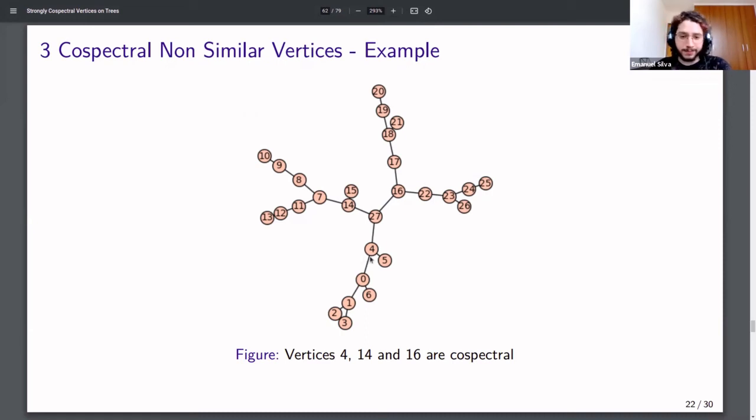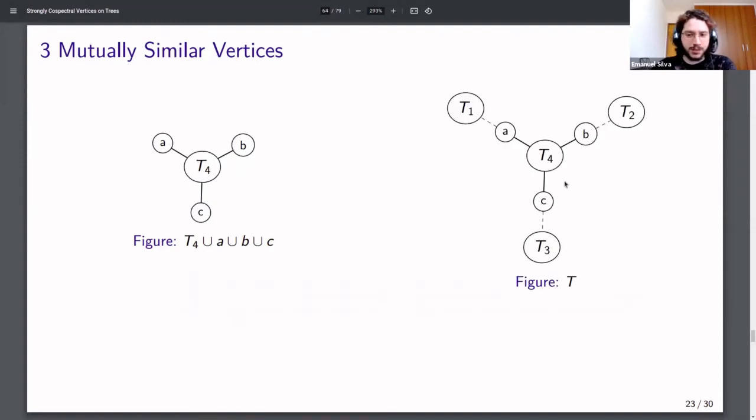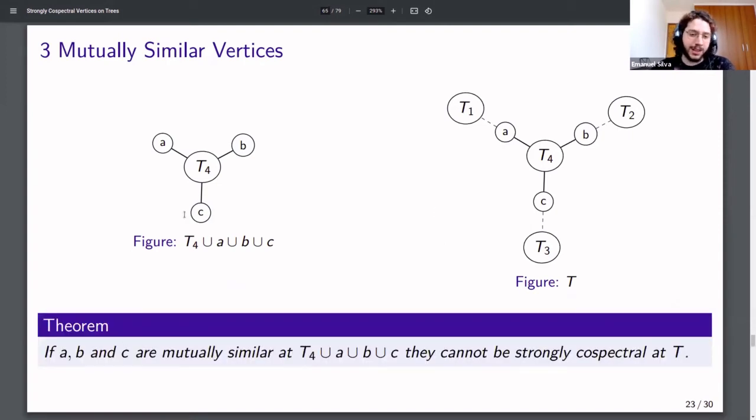So, okay, let's see why these three vertices are not strongly cospectral. So here is the middle tree. So T4 connected to A, B, and C. And here is our construction. We choose T1, T2, and T3 in such a way that A, B, and C are strongly cospectral. But the thing is, the tree that I used in the middle was S3.